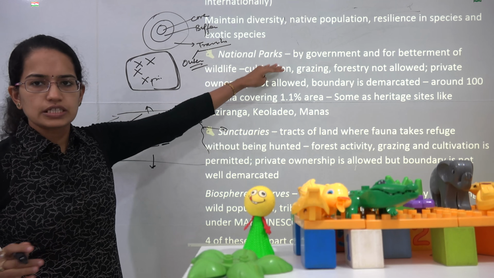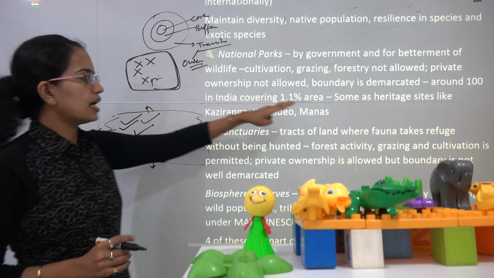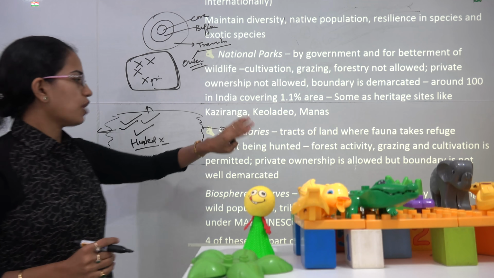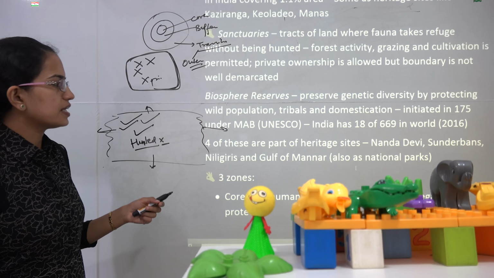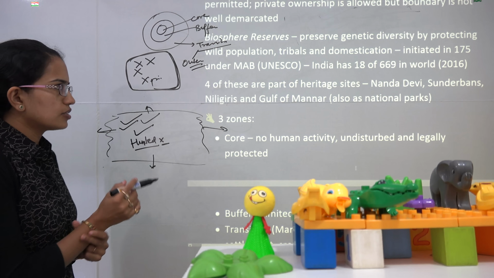Good examples of national parks include Kaziranga, Keoladeo and Manas. Under sanctuaries, there are numerous sanctuaries across India. Biosphere reserves are also numerous.